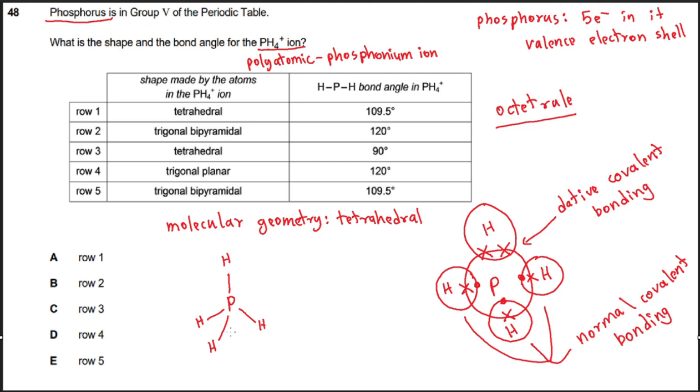And we know that in tetrahedral arrangements, the bond angle is typically 109.5 degrees. So this is the bond angle. Let me draw this bracket since it's a polyatomic ion. It must have an overall positive charge. So it's 109.5 degrees.